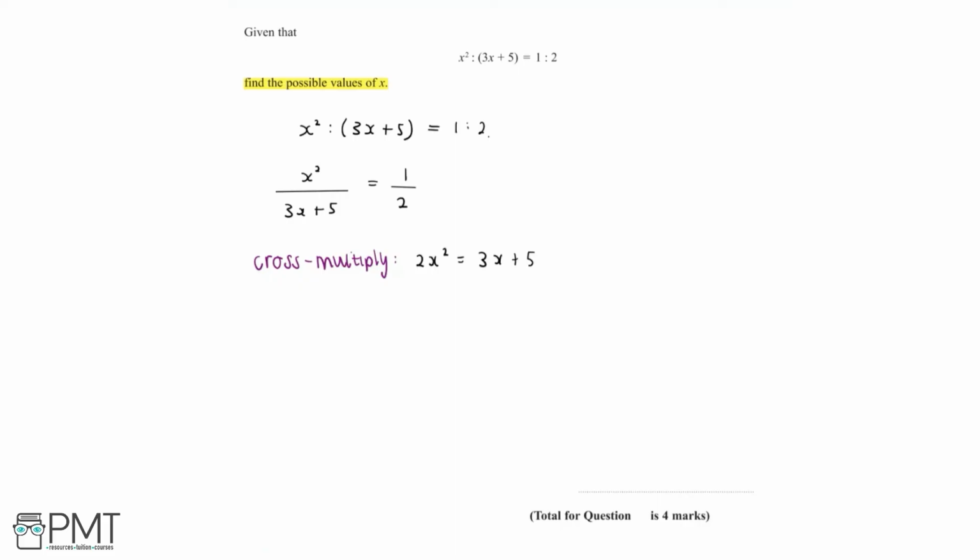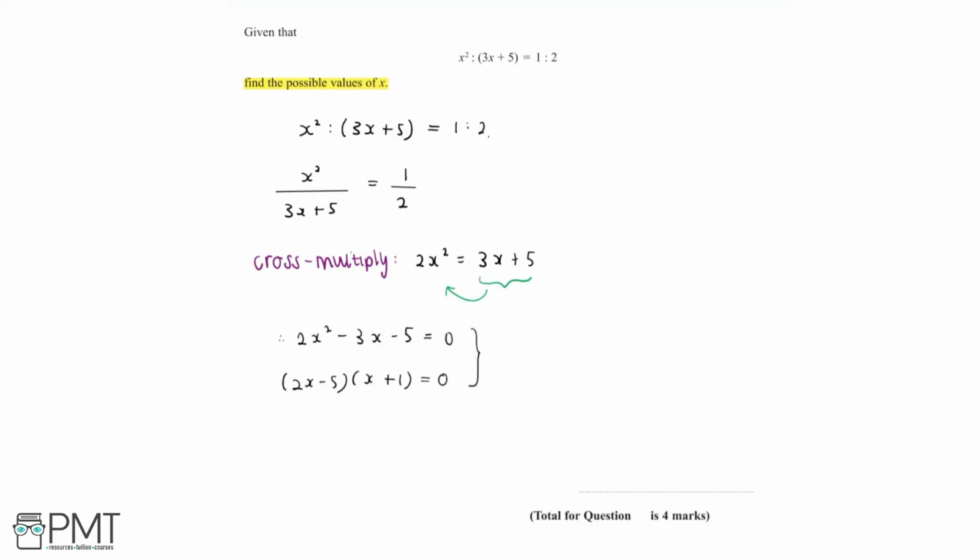Well, now let's rearrange and write this as a quadratic equation equal to 0. And so we can do this by moving the 3x plus 5 over to the other side. And so we now end up with 2x squared minus 3x minus 5 is equal to 0. Now to solve for x, let's factorise our quadratic equation. And so we end up with 2x minus 5 multiplied by x plus 1 is equal to 0.